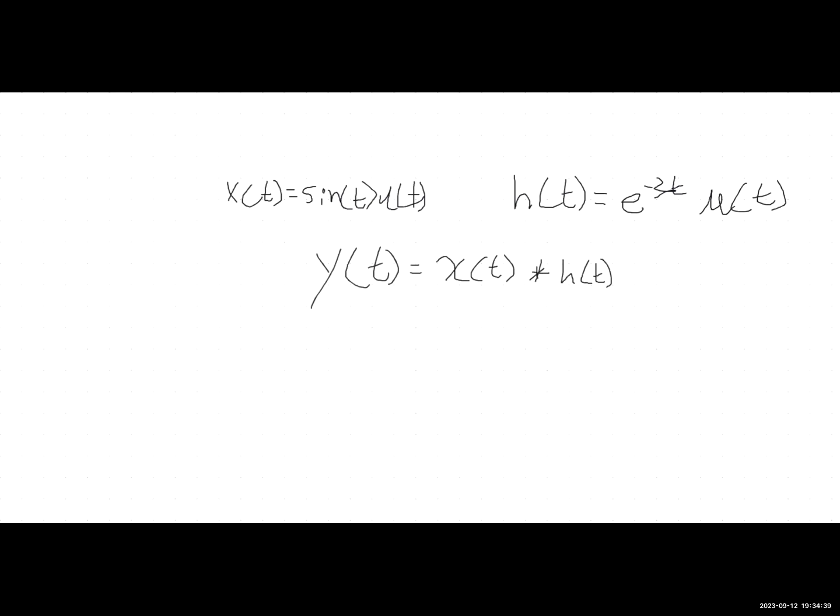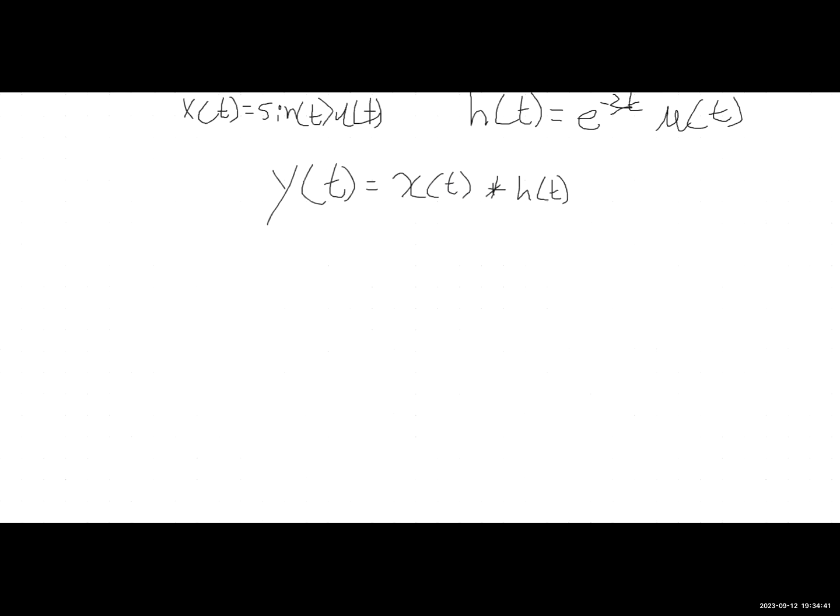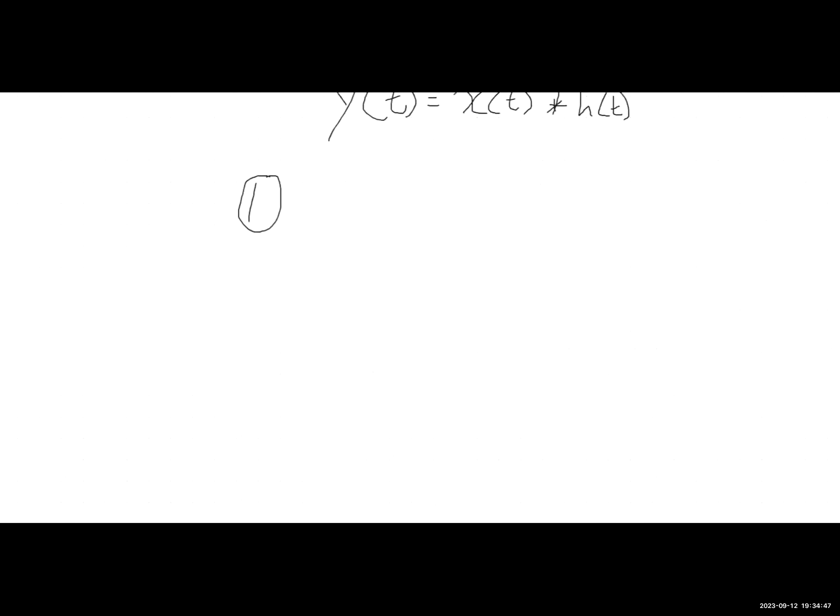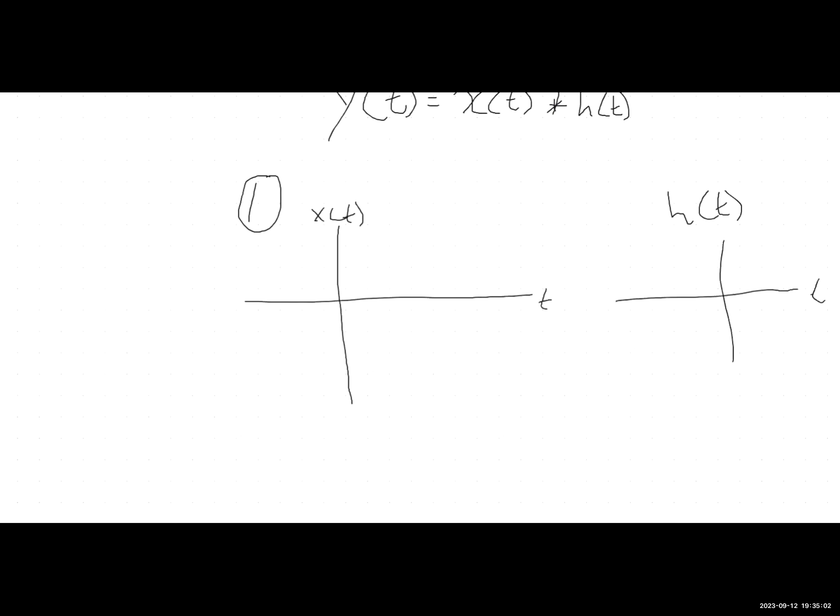So step 1, we want to graph our x of t and our h of t to get an understanding of what the signals look like. So let's do that quick. We have sine of t times u of t as our x of t function.